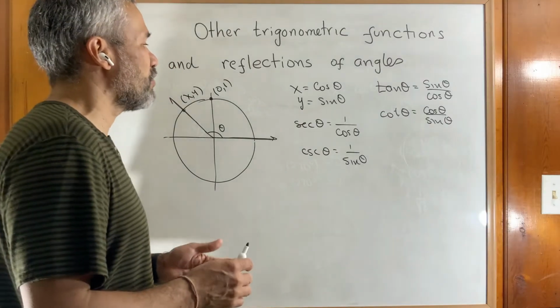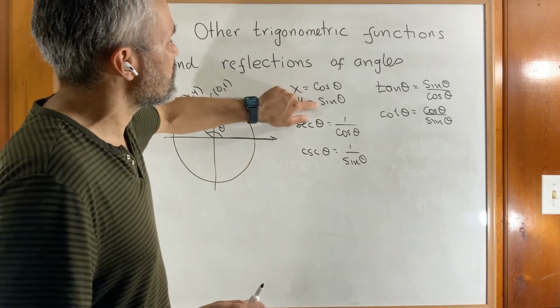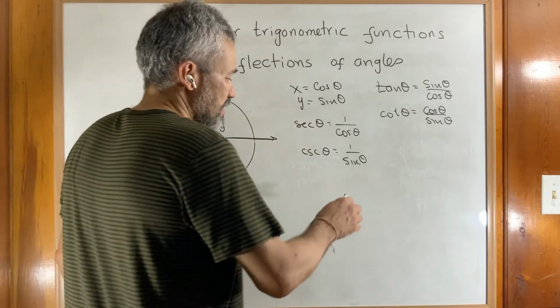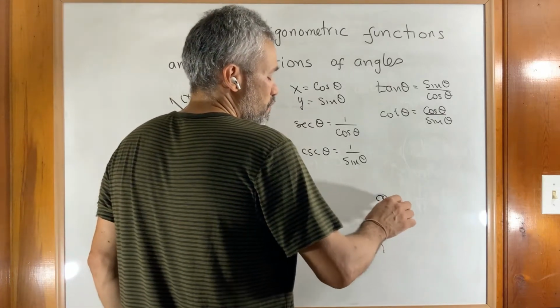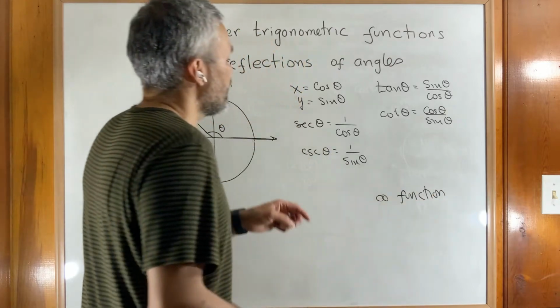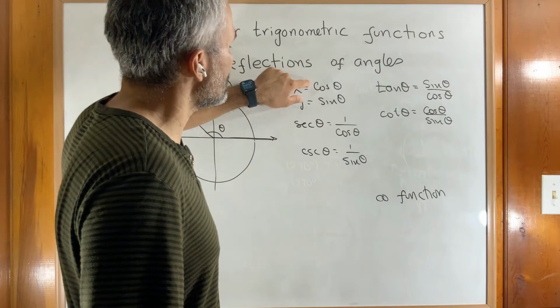Let's talk a little bit about the names of the functions. We have sine, cosine, tangent, cotangent, and secant, cosecant. It's like the co-function of something. For example, the co-function of sine is cosine, and the co-function of cosine is sine.